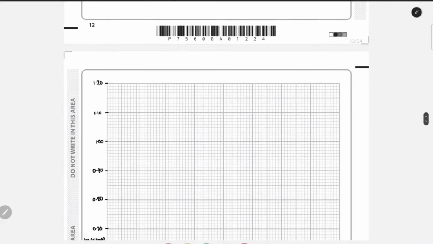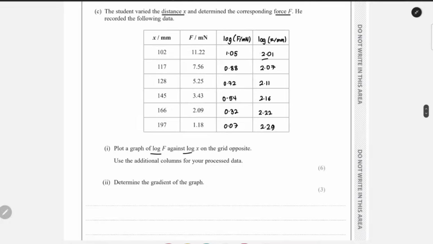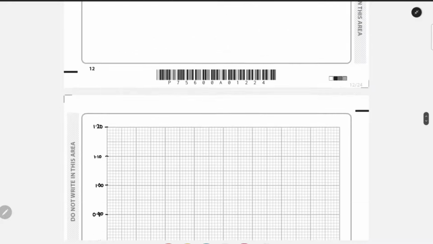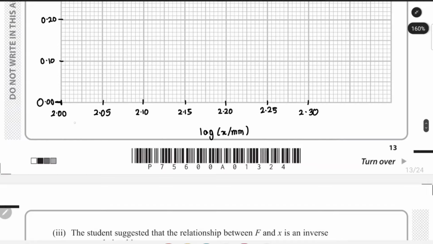Now our first point over here is 2.01 in the x-axis and 1.05 in the y-axis. Each 10 box is 0.05, so each small box is 0.005.